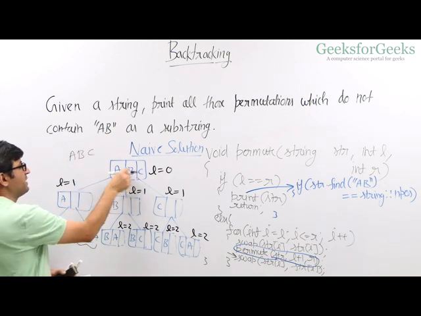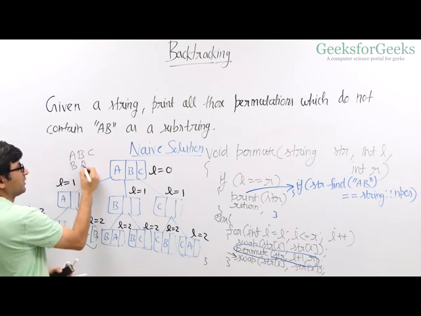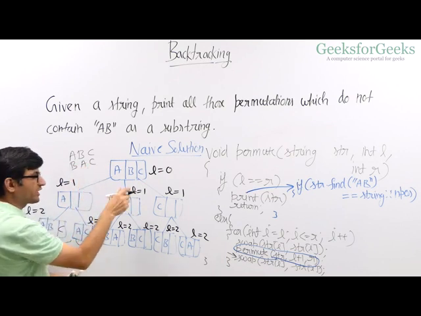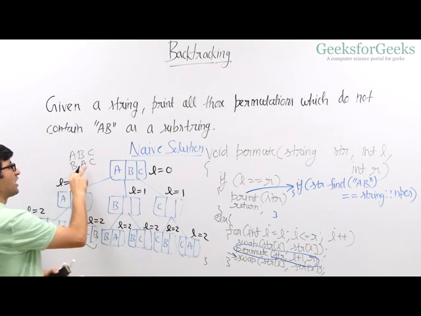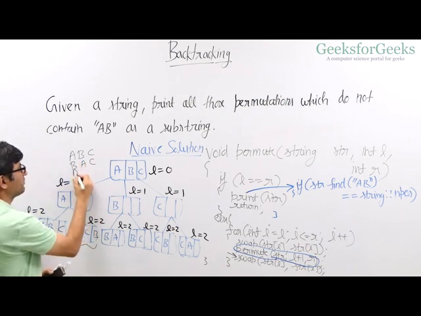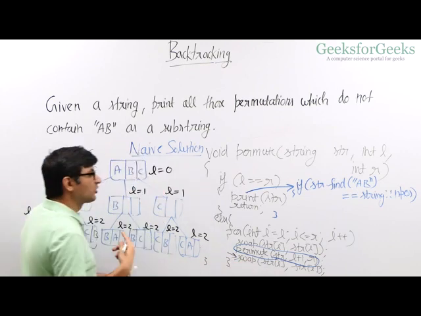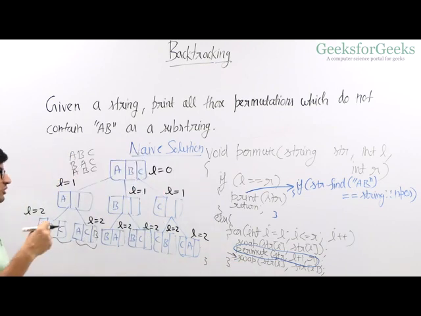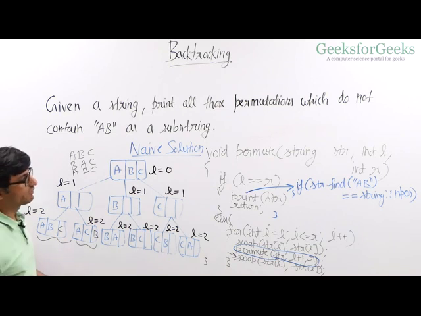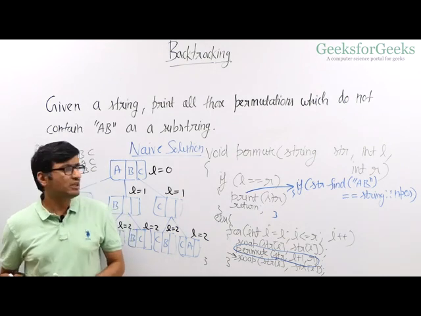Now you swap B with A, so you get BAC. Before you move on to the next recursive call after B's call, you want this string again to be ABC, right? That is why you do a swap, to regain the original string so that we can put the remaining characters at position L and then recursively call. So this is how a string permutation function works.